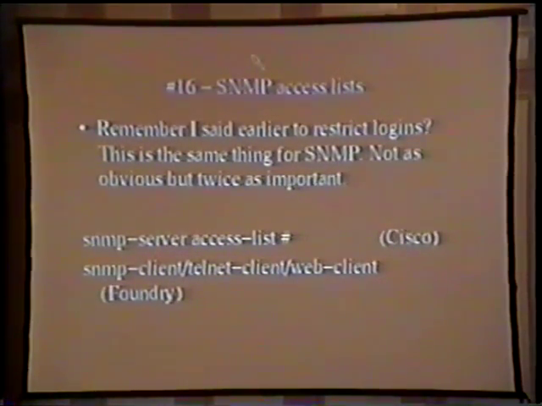On Cisco, you would be configuring snmp-server access list by the list number, and on Foundry, you need to configure three different ones: one for the client of SNMP, and similarly a telnet client and a web client. So on Foundry, there's one specific just for SNMP.